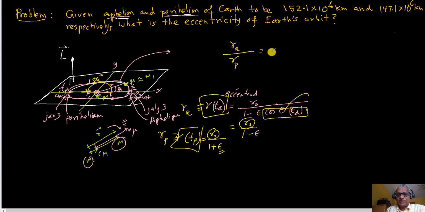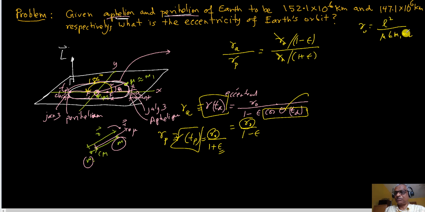This is going to be more than 1. Then I have R0 over 1 minus epsilon, and R0 over 1 plus epsilon. And see, conveniently, I don't have to know R0. R0, if you know, is actually related to angular momentum: L squared over mu G m1 m2. So you really need to know that to get R0 directly, and we don't know that, so we don't need to know it. And from here you can just see this will flip: 1 plus epsilon over 1 minus epsilon. And I want to solve for epsilon.